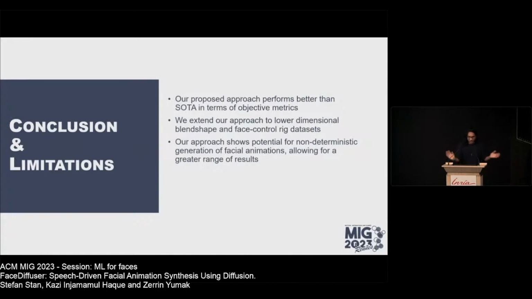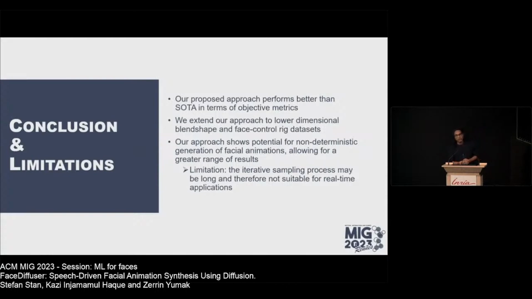Our approach shows potential for non-deterministic generation of facial animations, allowing for greater range of results and diversity, which models the communication that we do as humans. But the limitation lies in the iterative sampling process. This limitation is subject to the diffusion process because inference is iterative, so the inference time is long and it's not suitable for real-time applications.